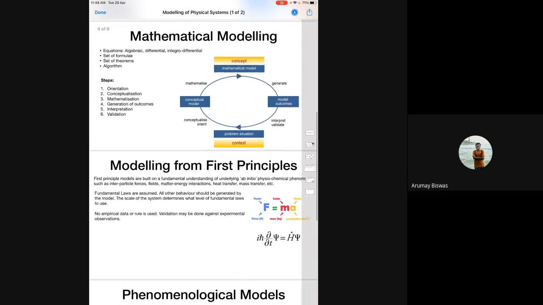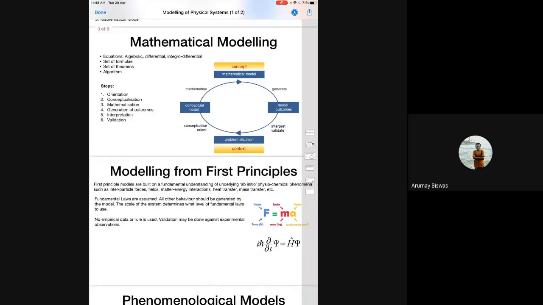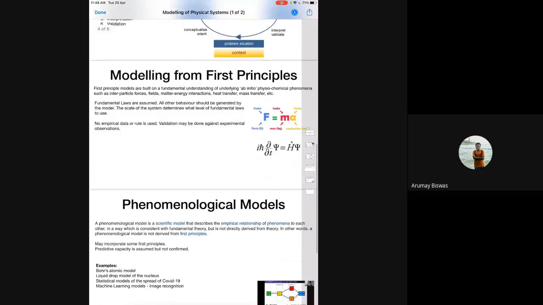Then, so how will you model? The fact of constructing the mathematical model, the mathematization part, can be done from first principles. I think this is what most theoreticians do, whether in physics or theoretical chemistry or theoretical biology.